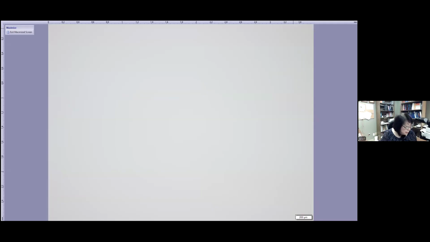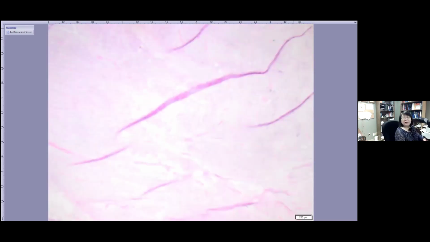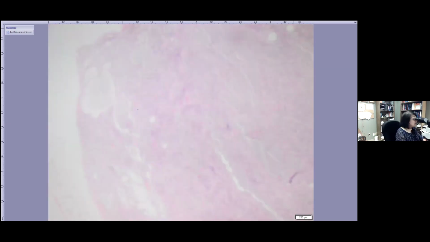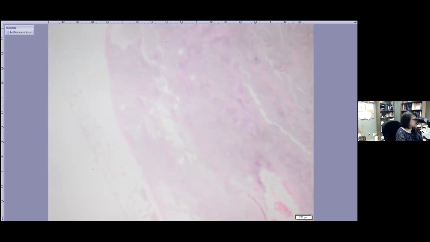The mass is 3.7 by 2.3 by 0.9 centimeters, totally submitted. This tumor can be seen in children and a little bit in adults.